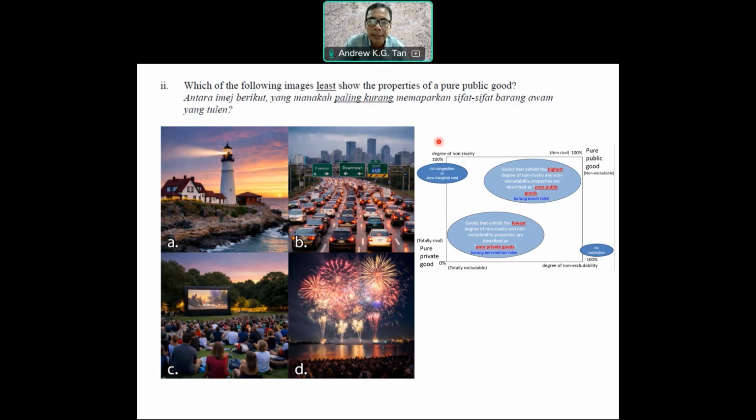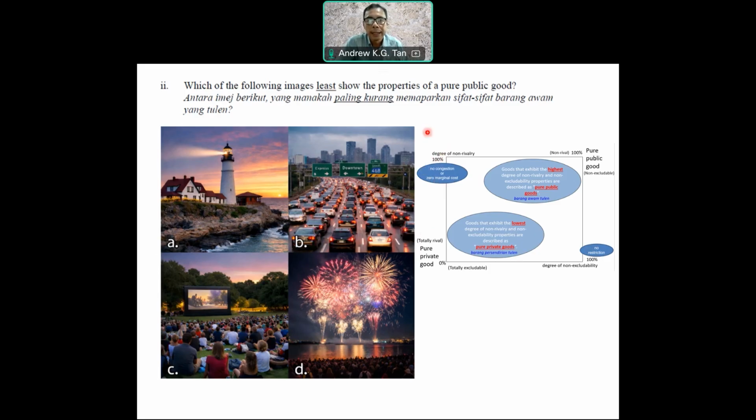While goods that have 100% non-rivalry but boleh dikecualikan, 100% of non-rivalry describes goods that have no congestion, tiada kesesakan, or zero marginal cost if an additional user were to use it.